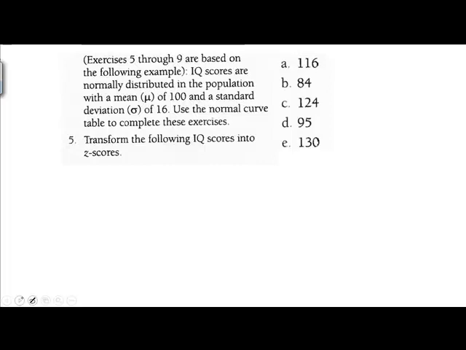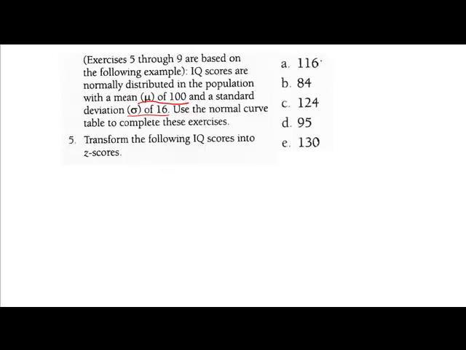Alright. Exercises 5 through 9 are based on the following examples. IQ scores are normally distributed in the population with a mean of 100 and a standard deviation of 16. Use the normal curve table to complete these exercises. Transform the following IQ scores into z-scores. Oh, that's easy.